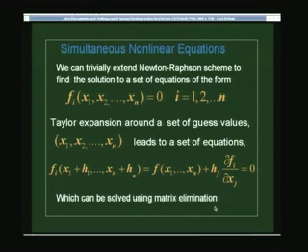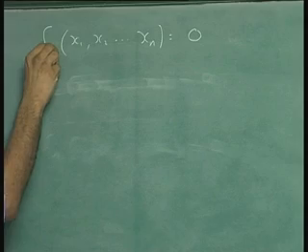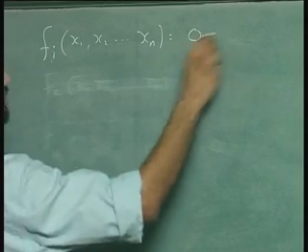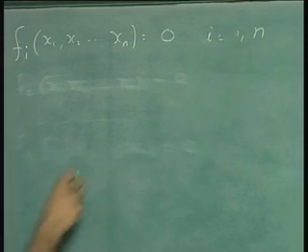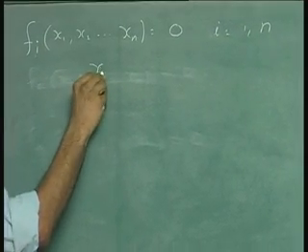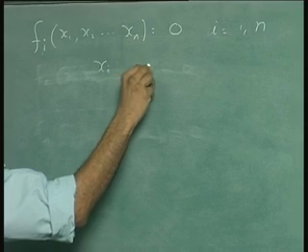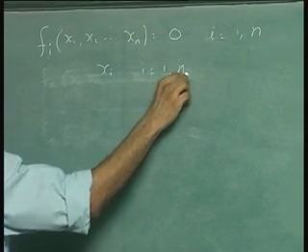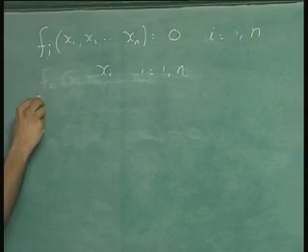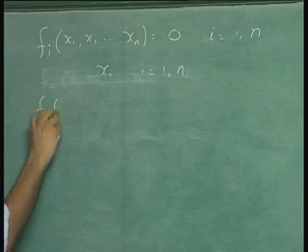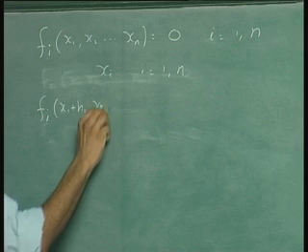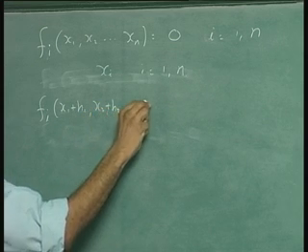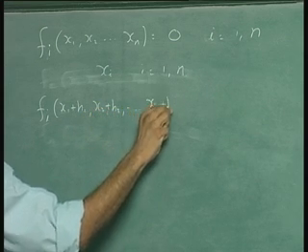So in short, we have the equation of this form, that fi of x1, x2, xn equal to 0 for i going from 1 to n, and then we have the guess values xi's, again i going from 1 to n, and then we Taylor expand this function, that is fi at x1 plus h1, x2 plus h2 to xn plus hn.